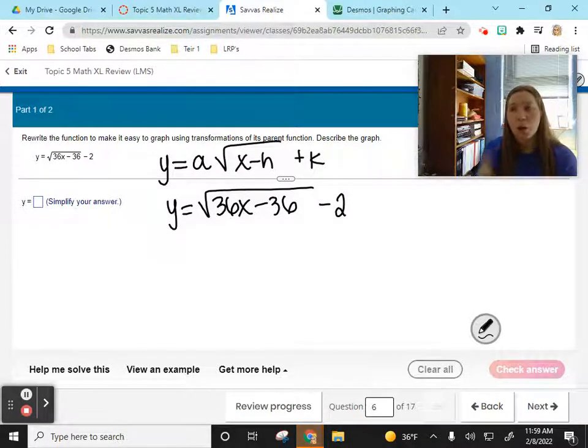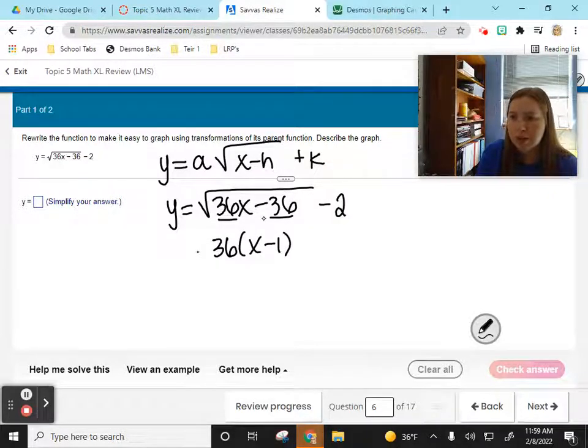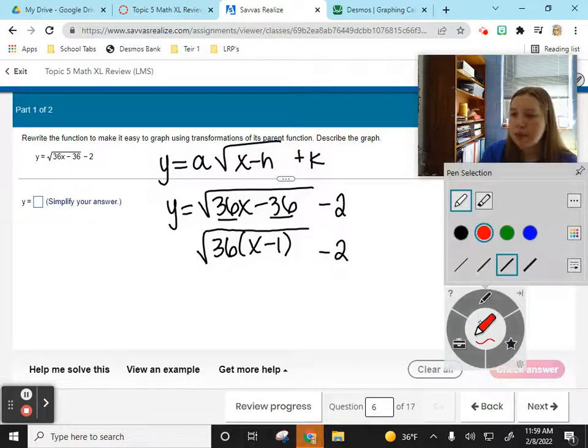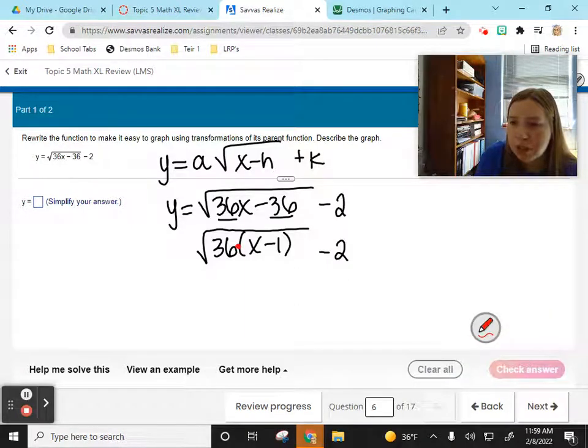And our numbers here will always be nice. So I notice that underneath my parenthesis, there is a common factor of 36. So I'm going to undo my distributive process and take that 36 away from both of those terms. So I'll be left with 36 times x minus 1 underneath of my radical. Now my properties of radicals tell me if I have multiplication going on, which I do here, that I can give those terms their own separate radical.